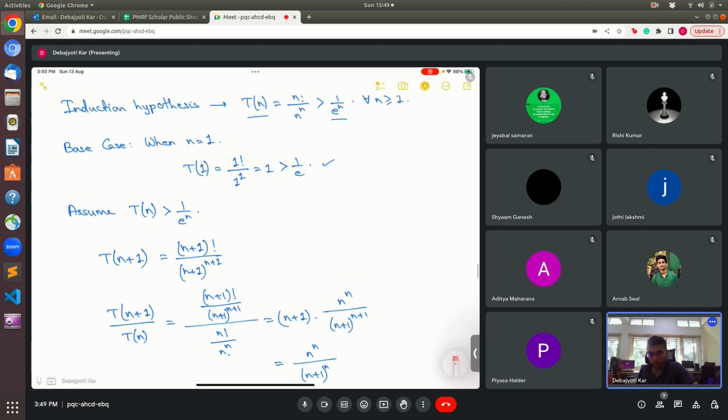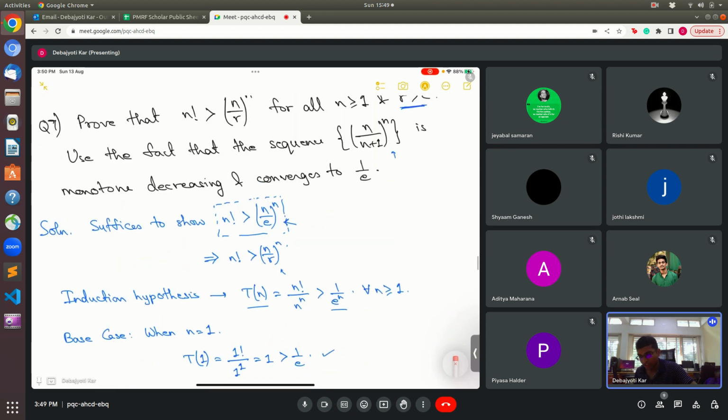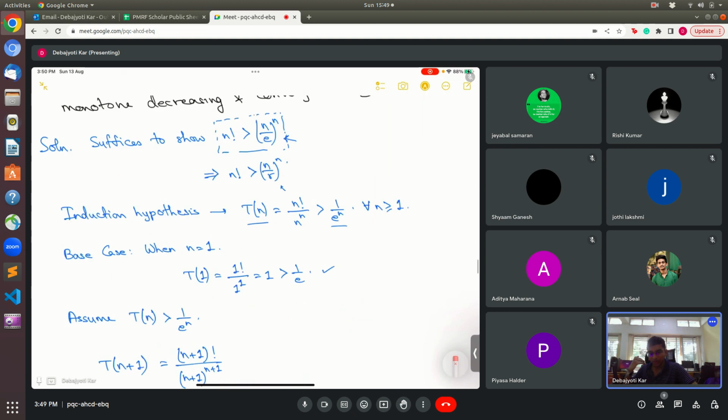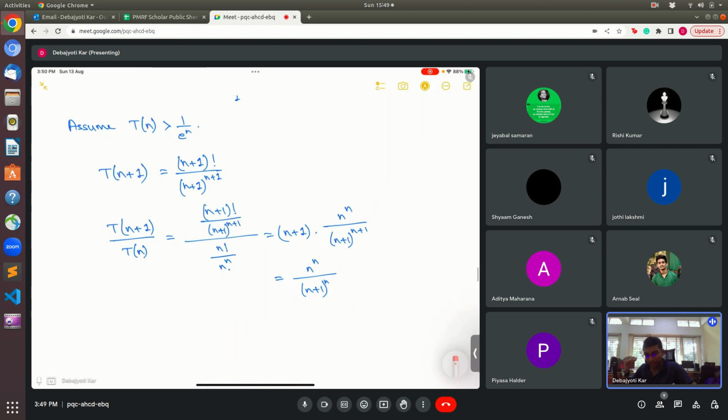But we know that this sequence n by n plus 1 whole to the power n is a monotone decreasing sequence which converges to 1 by e. So what does this mean? This quantity is always lower bounded by 1 by e, because the sequence is decreasing. When n is equal to 1, its value is half.